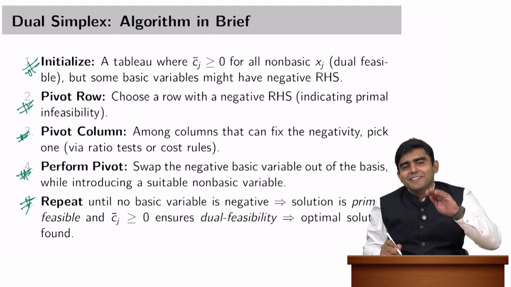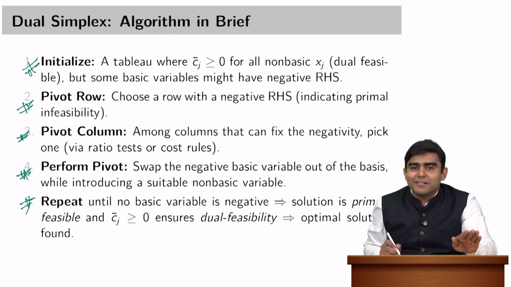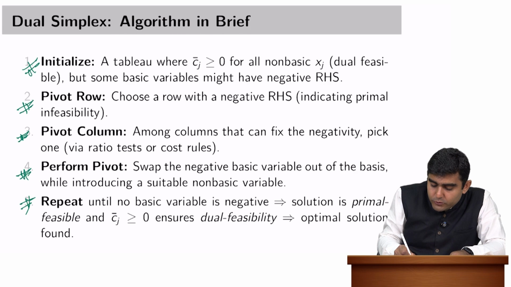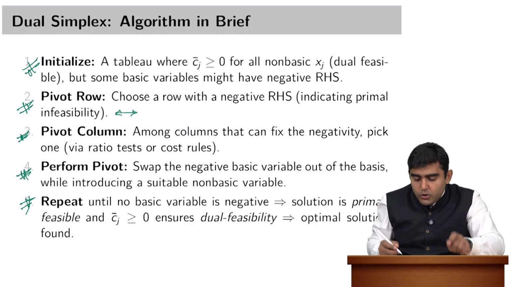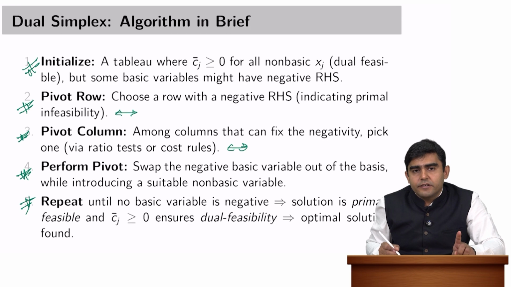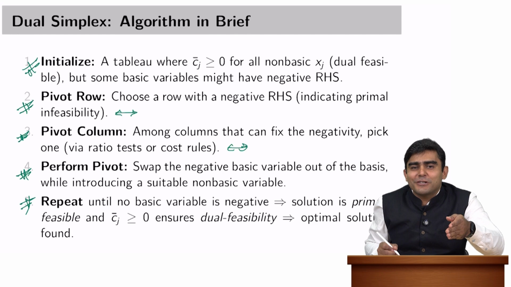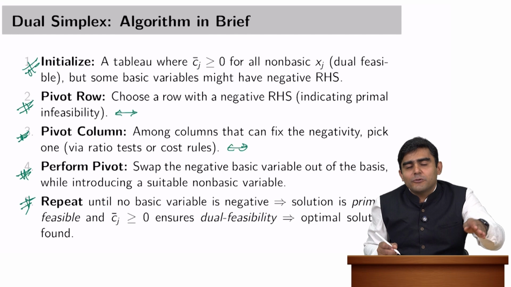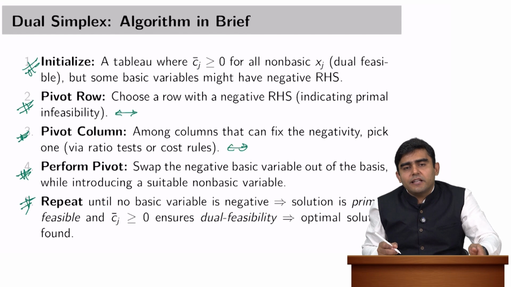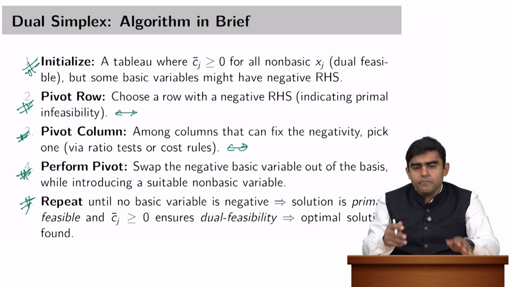Now if you see, this is exactly what we did when we were dealing with the primal simplex method. The terminology remains same. However, how we are going to choose this pivot row and pivot column is going to be a bit different in case of the dual simplex method. Who would enter, who would leave is going to be exactly the opposite thought in comparison to the primal simplex method, and that would actually take us towards the feasible solutions.